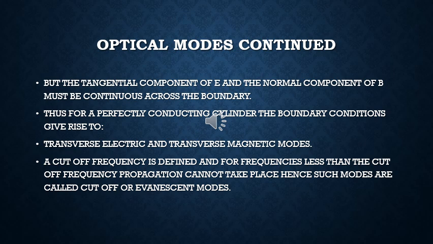Thus, for a perfectly conducting cylinder, the boundary conditions give rise to transverse electric and transverse magnetic modes. A cutoff frequency is defined, and for frequencies less than the cutoff frequency, propagation cannot take place. Hence, such modes are called cutoff or evanescent modes.